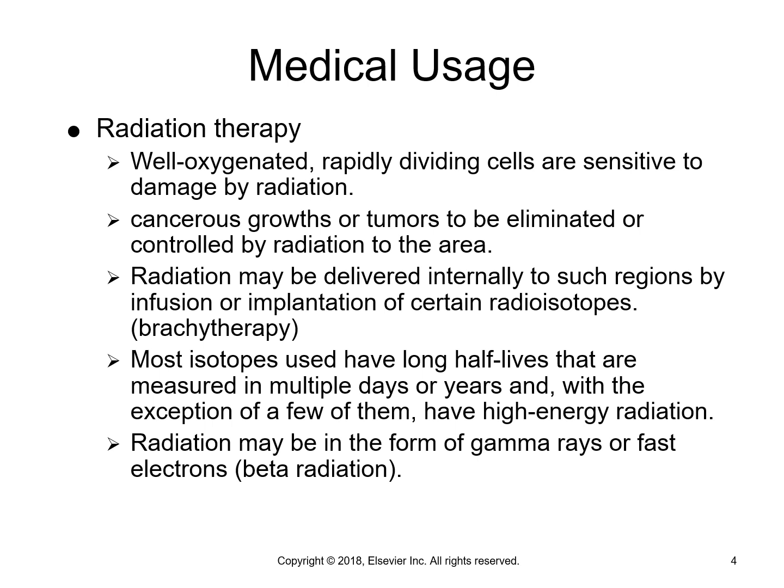So medical usage: one of the main medical uses of radioisotopes or radionuclides is that we know that when well oxygenated, rapidly dividing cells, such as those that would be classified as a cancer or a malignancy, are exposed to high levels of radiation, oftentimes the radiation will kill those cells.